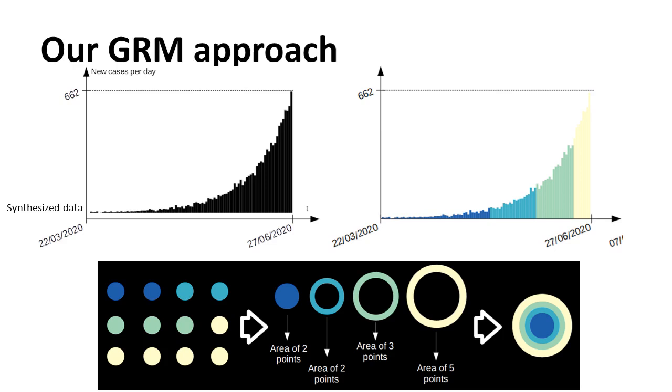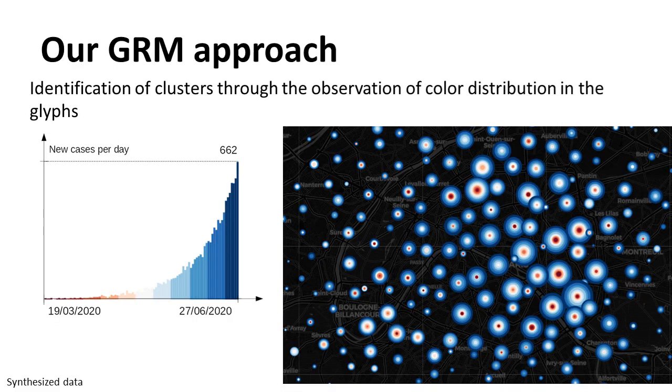This punctual entity is formed by concentric rings of different colors, the area of each ring representing the proportion, inside this aggregate of events, of those which appear during the same temporal period. And this representation allows a visual identification of spatio-temporal clusters by observing glyphs presenting a higher proportion of one specific color.